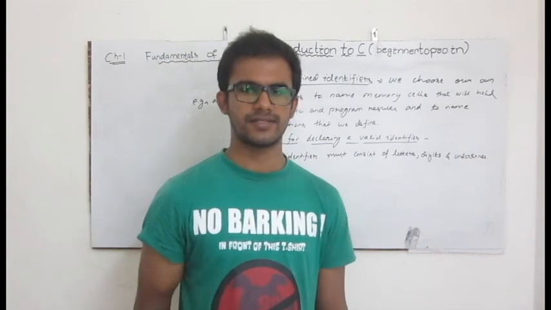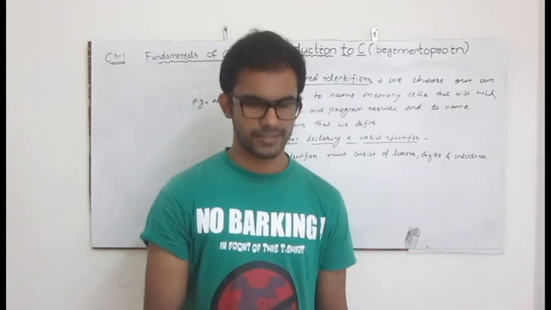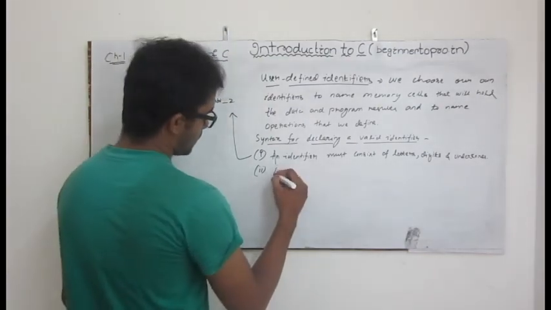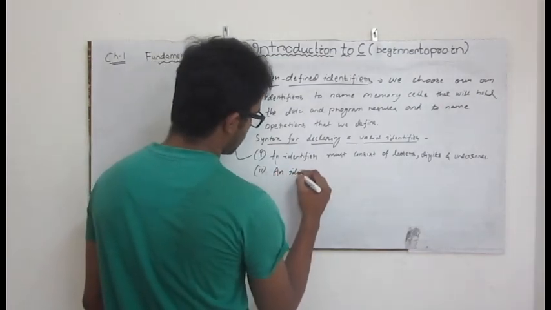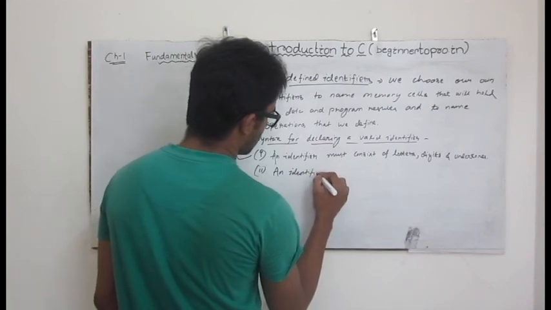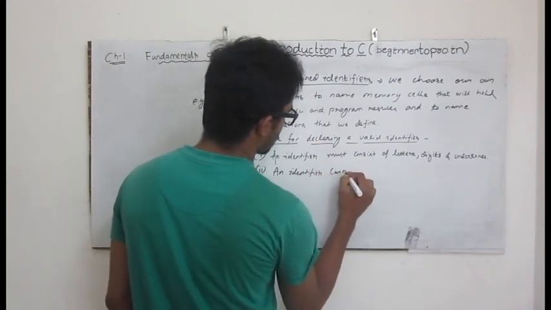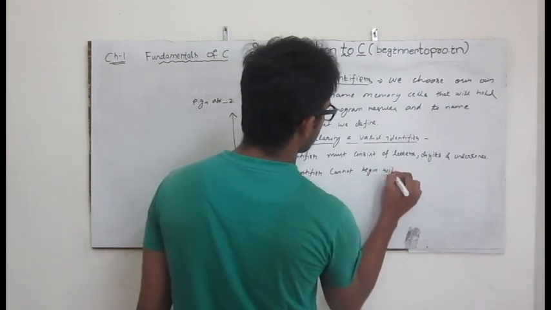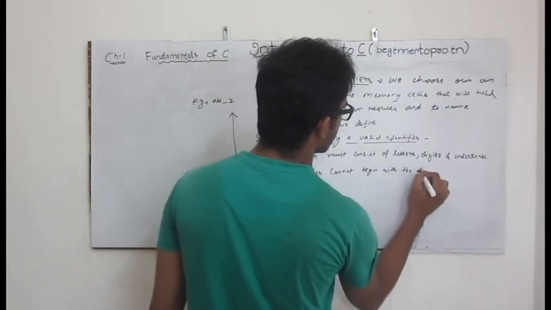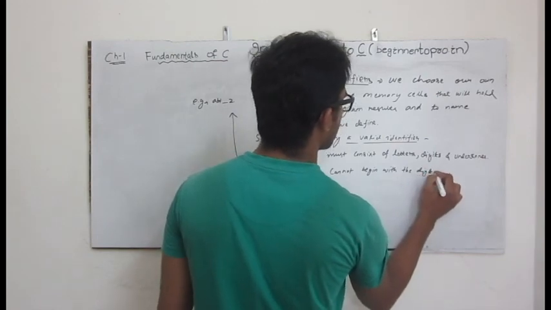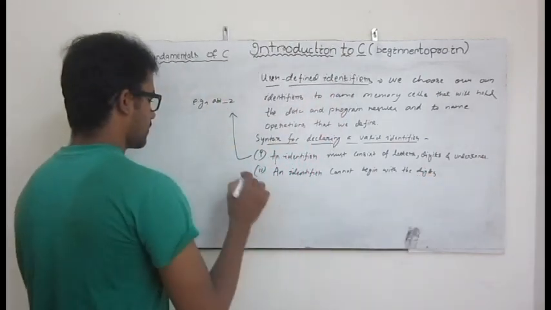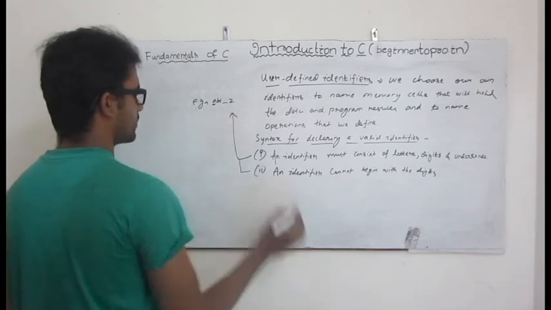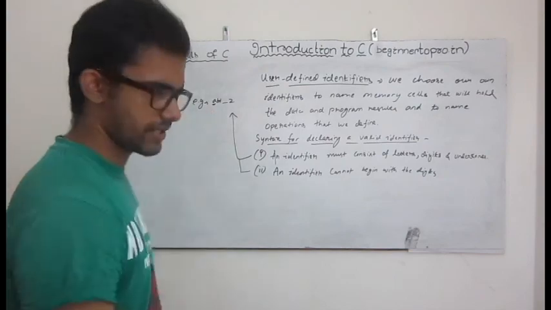An identifier cannot begin with a digit. We can also consider this only: I have not started with a digit, just letters.